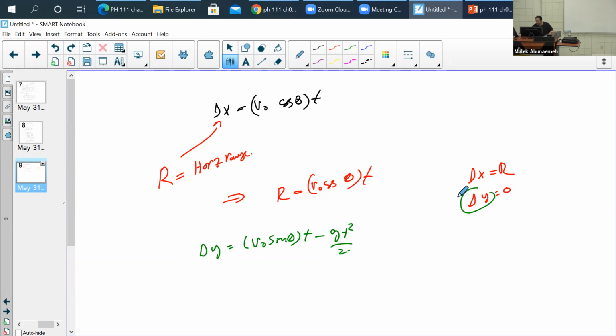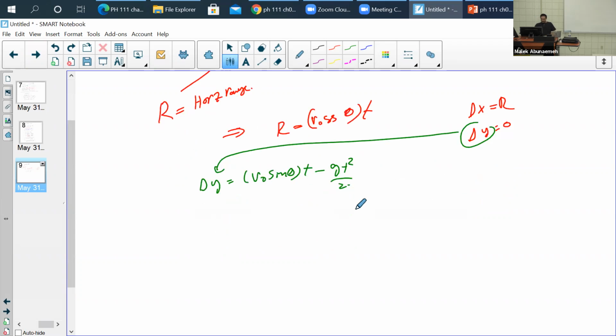We said that delta y is going to equal 0, talking about horizontal range. So that means 0 equals v naught sine theta t minus g t squared over 2. That means your v naught sine theta t is going to equal g t squared over 2.